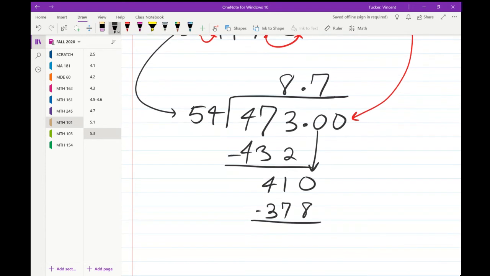And do your subtraction. This is going to be 10. This will be 0. So that'll be 2. Then I have to borrow again. This will be 3. This turns into 10. And that'll be 3. So that's 32.